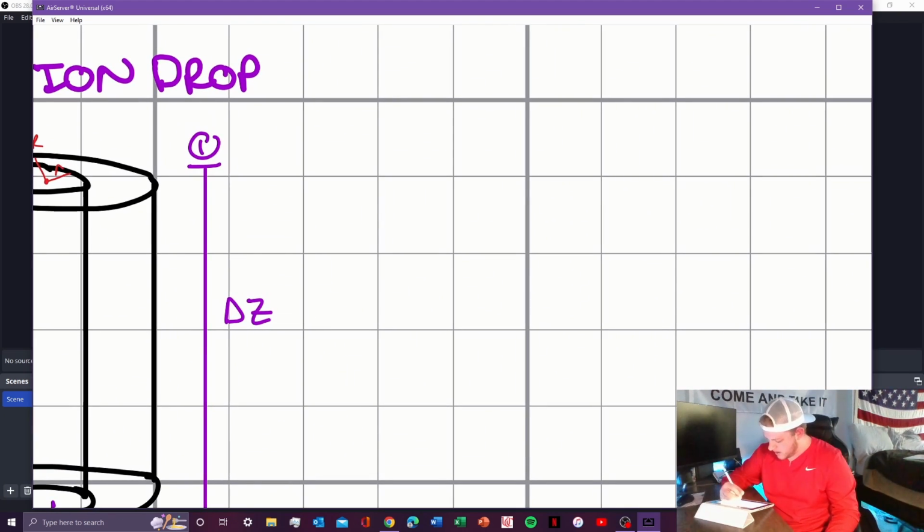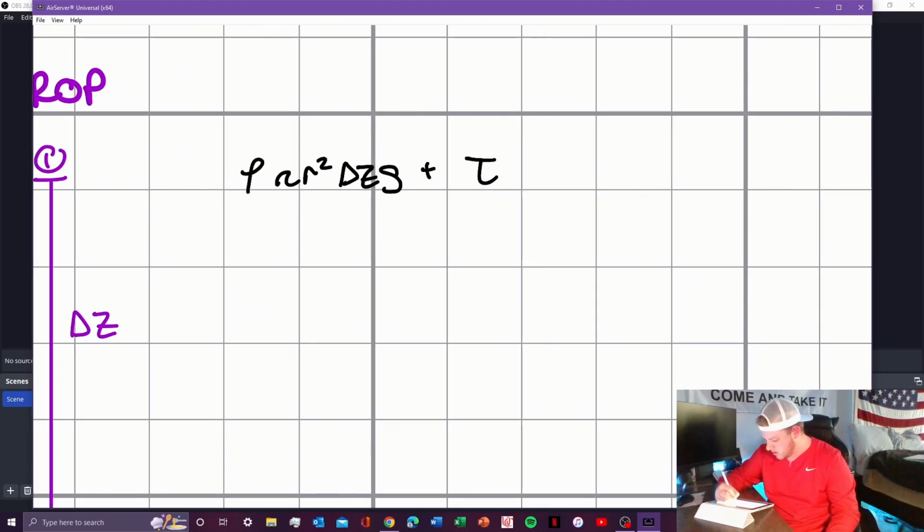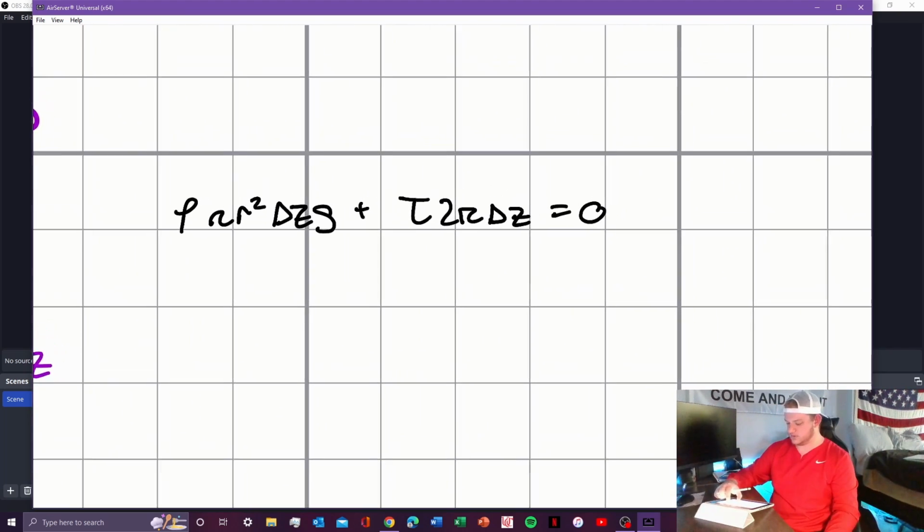So we're going to have rho times the volume, which is pi r squared times the height, times gravity, plus the shear stress times 2 pi r delta z, is equal to 0 because it is a force balance, it must equal 0.